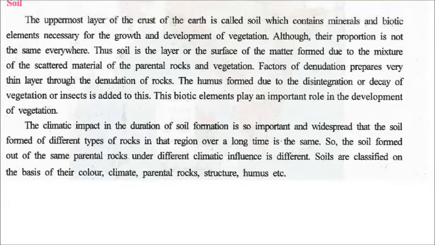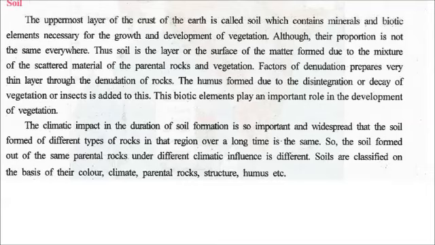Their proportion may be different in different parts of the country, and thus somewhere we find alluvial soil, somewhere we have black soil, and different types of soil is found. And the layer or the surface of the matter which is formed because of the mixture of the main rock getting scattered, we get soil.